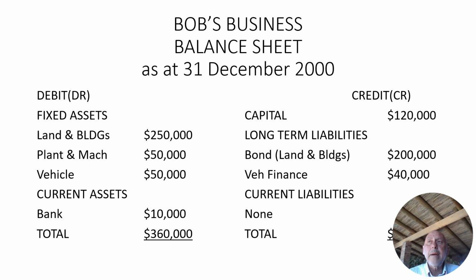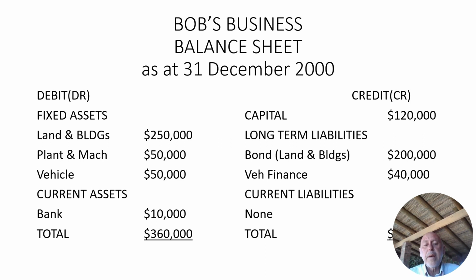You're not making money out of these assets as such, you're using those assets to make you the money. So in the fixed assets, I've got the land and buildings, the plant and machinery, and the vehicle. They are all going to be in use for at least 1 year, but in the examples I've given you, your land and buildings are forever, basically. Plant and machinery is for at least 5 years, and vehicle for at least 5 years.